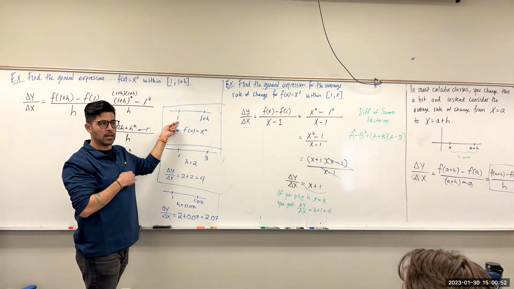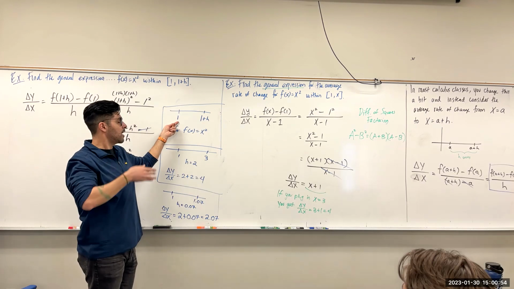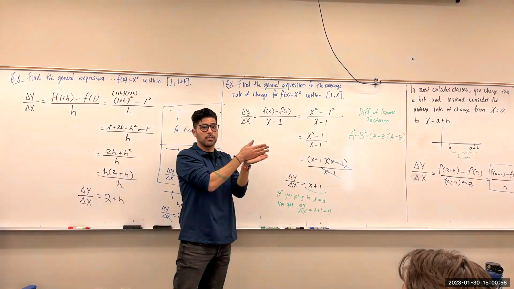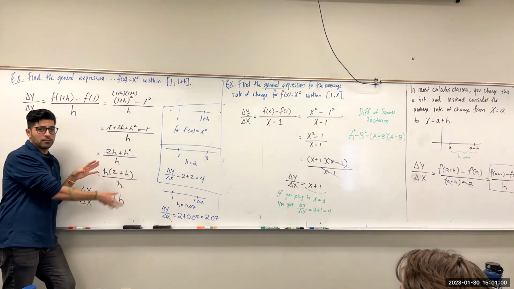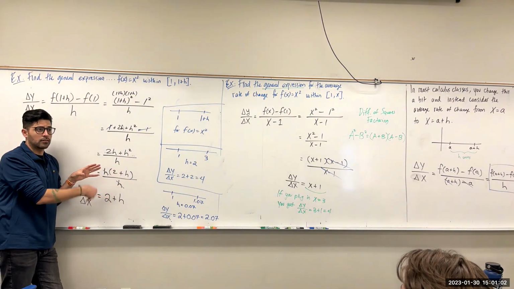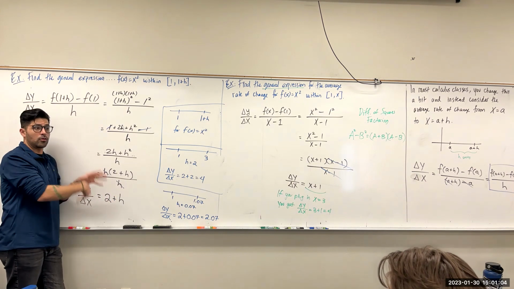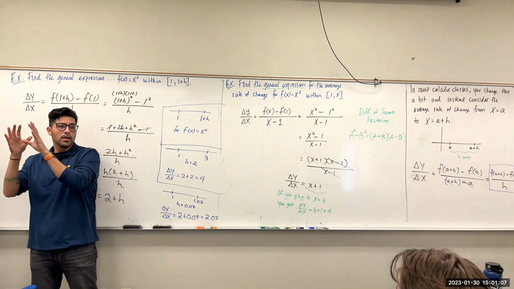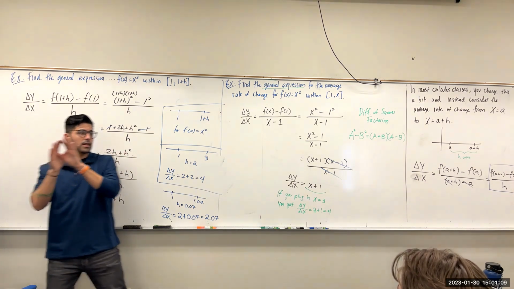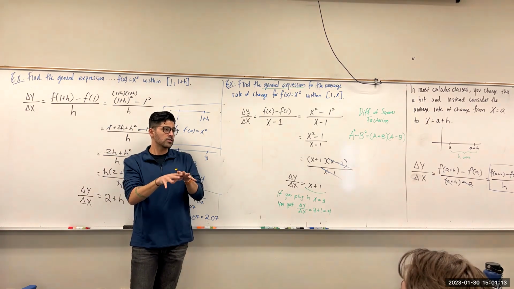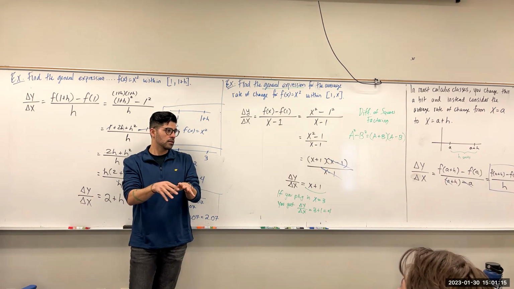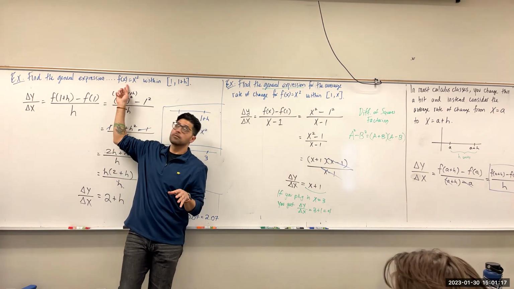Kind of like the speedometer at 1 hour, it'll tell you the instantaneous velocity there. And so you're going to get a function for that, kind of like a general expression. Those general expressions, instead of giving you the average rate of change, are going to give you the instantaneous rate of change. Those functions will be called the derivatives of the function that you're analyzing.